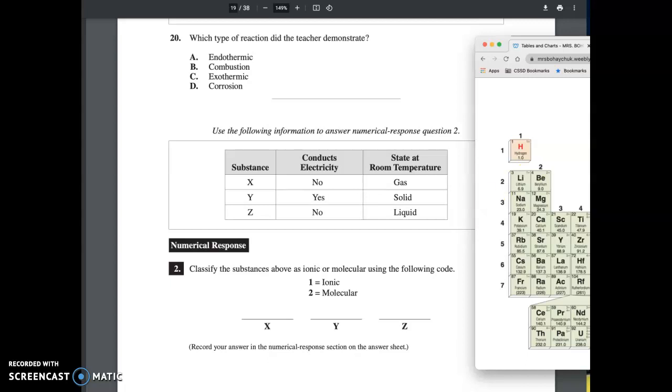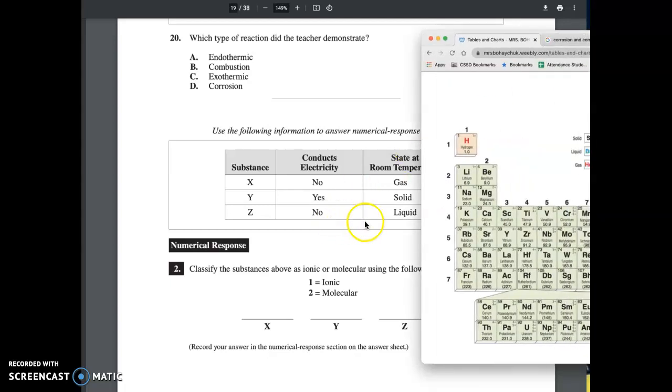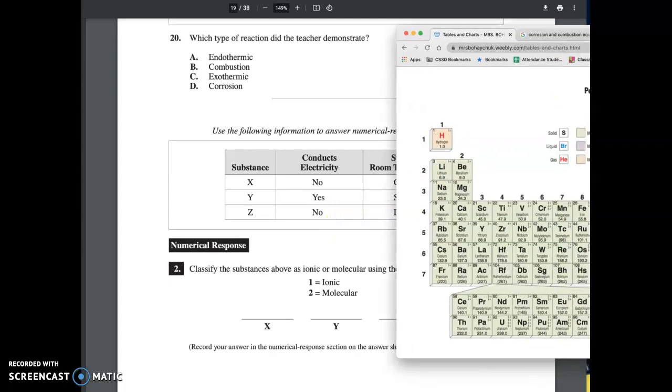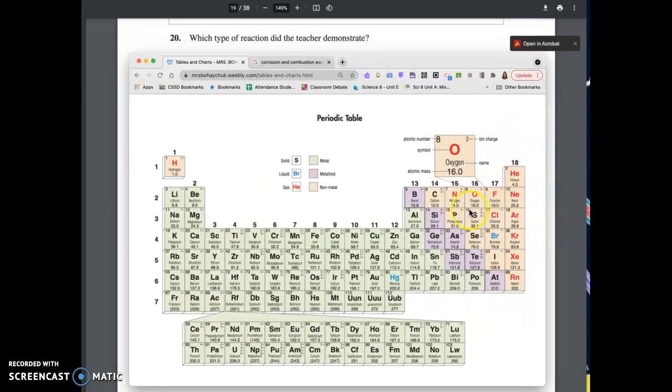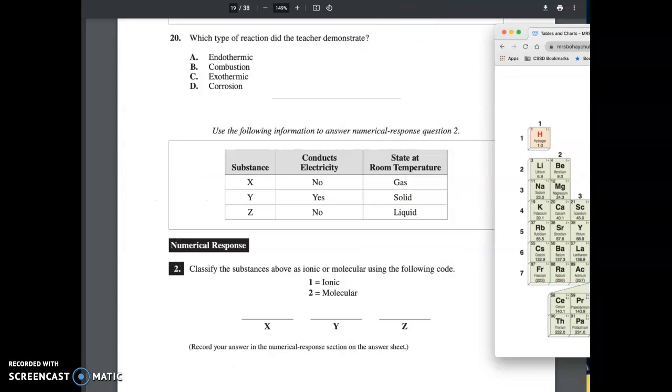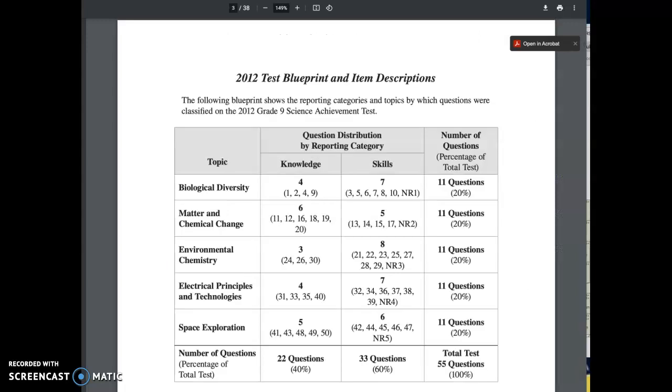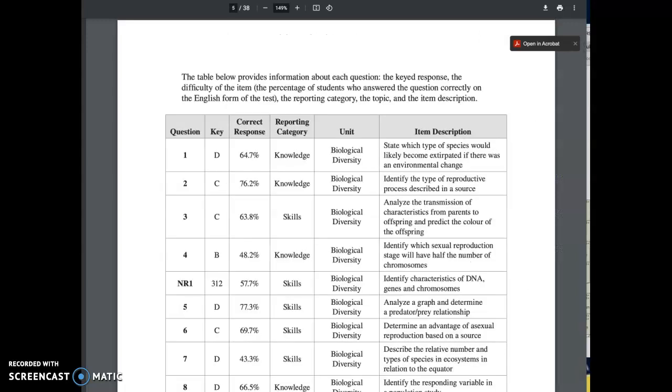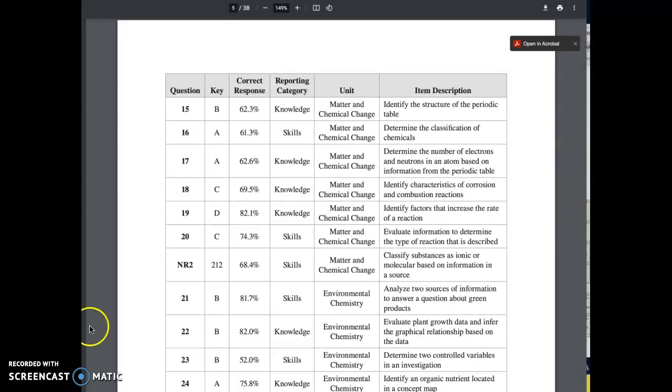That's not the best question on the planet. But let's go with molecular. Okay, and whenever we're not sure, we can always scroll up to the answer key. So let's look at the last one for Z and see what the people who made up the test thought the answer was. Okay, was that numerical response 2? 2, 1, 2. Okay, so they figured that was molecular, which is what we decided.